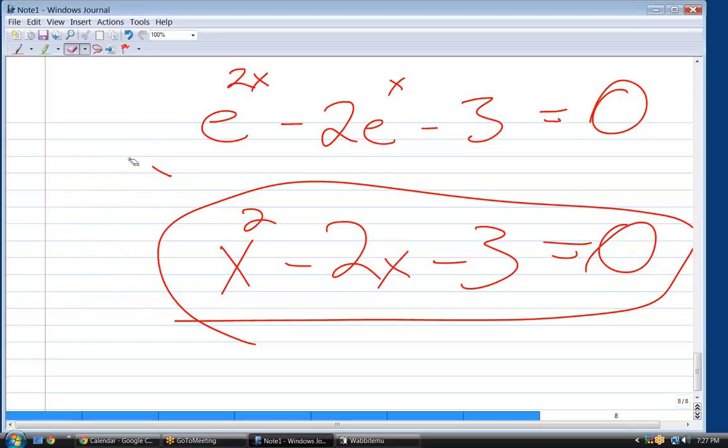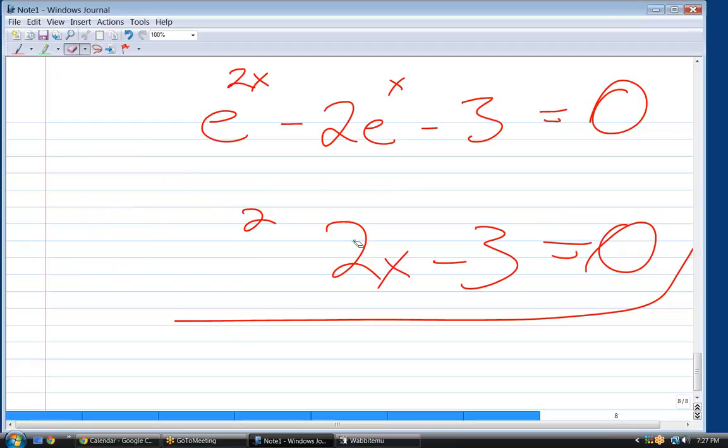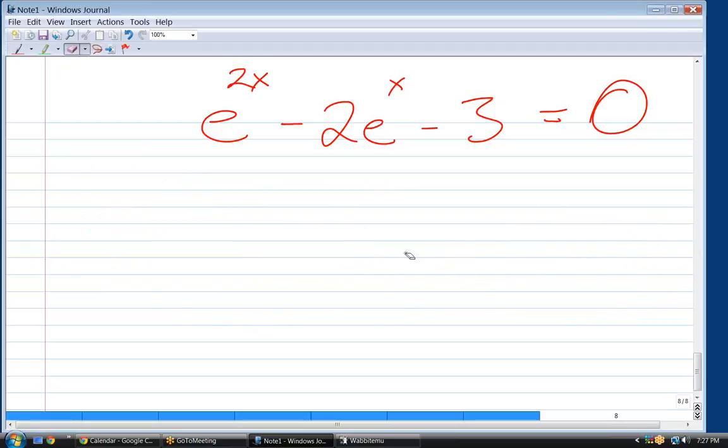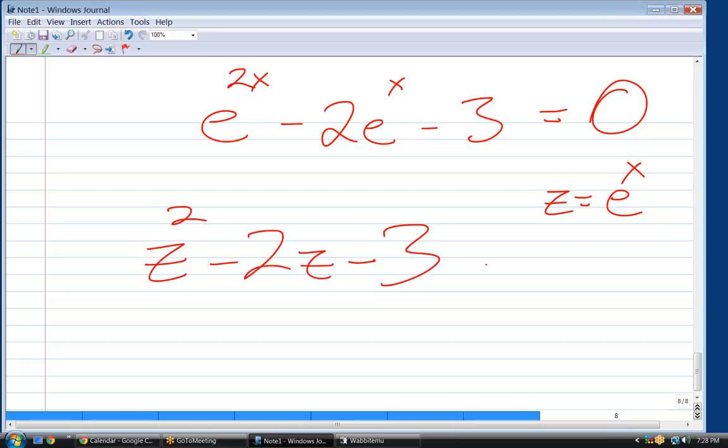So I can use a technique called substitution if it makes you feel better or if it's easier to see, where I'm going to let z equal e to the x. It's a technique that you could say is substitution. So this quadratic becomes z squared minus 2z minus 3 equals 0.